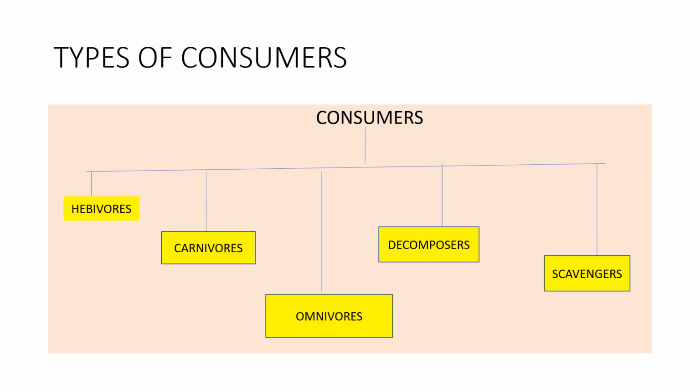Types of consumers. Consumers are of 5 types: herbivores, carnivores, omnivores, decomposers, and scavengers.